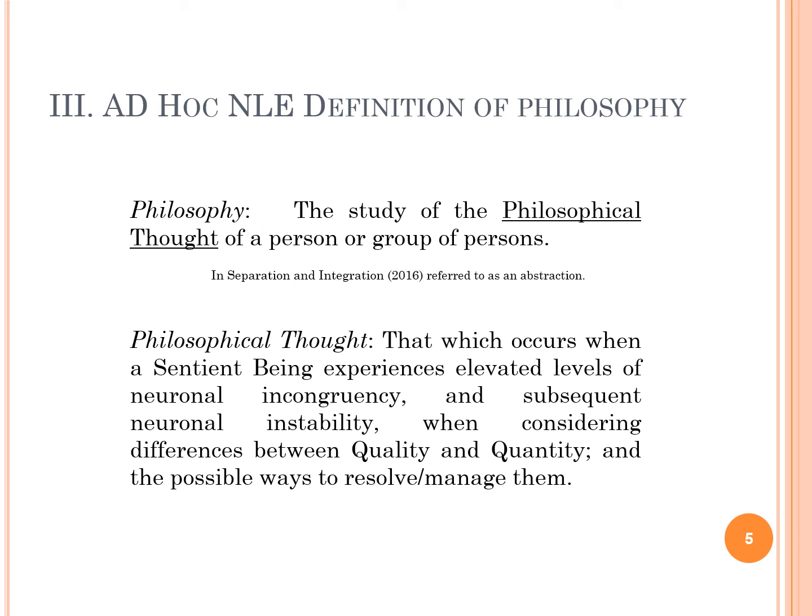What's important here is to understand what quality and quantity are. Quality is going to be an internal standard to the individual, and quantity is an external standard. And many times these two do not agree, and that can lead to elevated amounts of neuronal instability and possible changes in neuronal patterns to the good or to the bad.